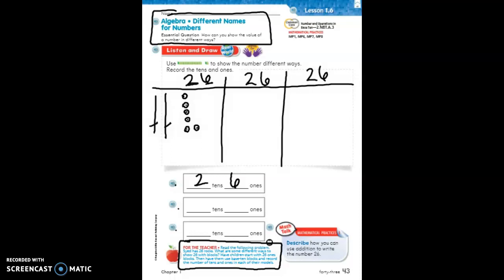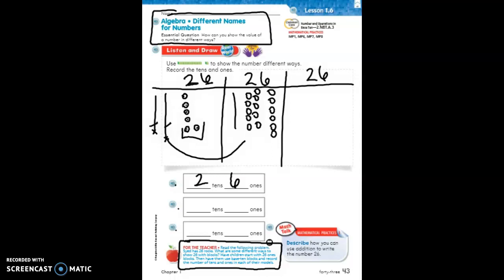Now I'm going to take one of my tens and I'm going to break it apart. So I'll take this guy and I'm going to break it apart into 10 ones. 1, 2, 3, 4, 5, 6, 7, 8, 9, 10. I still have this 10 here that I need to put, and I still can't forget these ones. 1, 2, 3, 4, 5, 6.